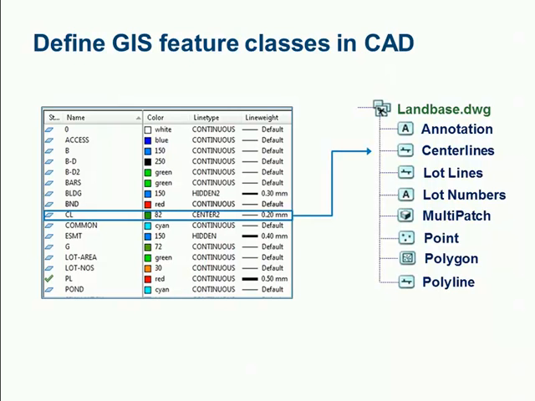So, for example, suppose you have an established CAD drafting standard where the street center lines are drawn on an AutoCAD layer called CL, and you are required to create an ArcGIS feature class in your drawing called centerlines.